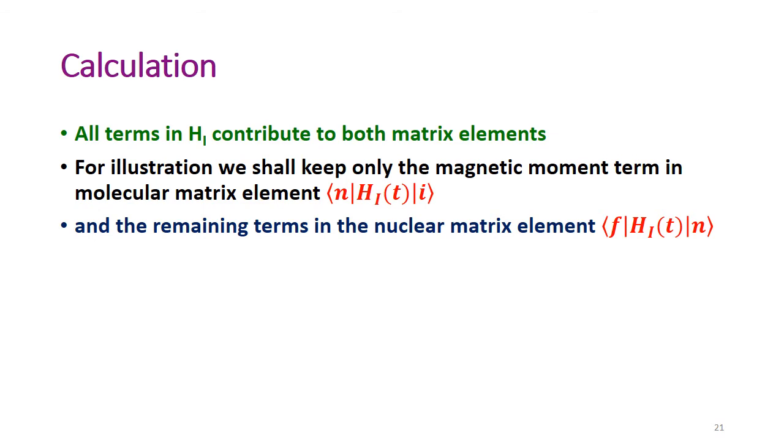Calculation. All terms in the interaction Hamiltonian contribute to both the matrix elements. That is this initial to intermediate state matrix element, and intermediate state to final state matrix element. For illustration, we shall keep only the magnetic moment term in the molecular matrix element, and for the nuclear matrix element, we'll keep the remaining terms.